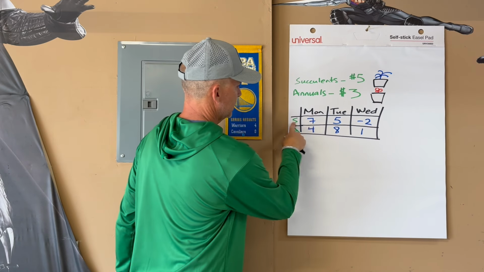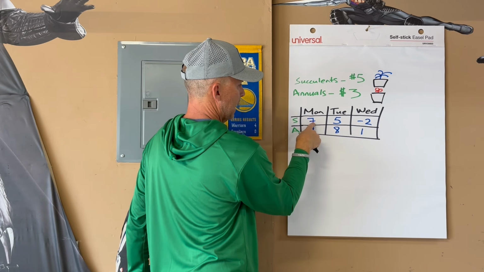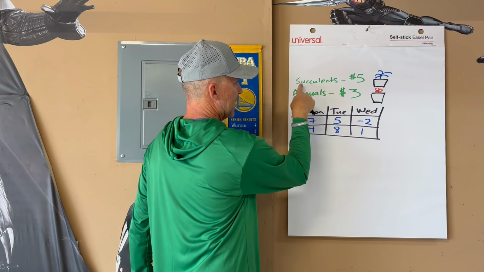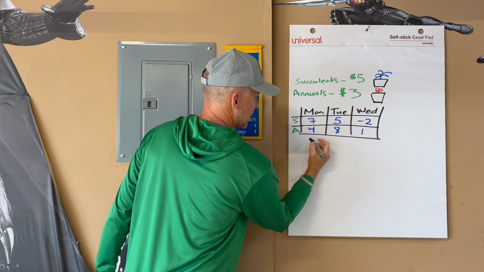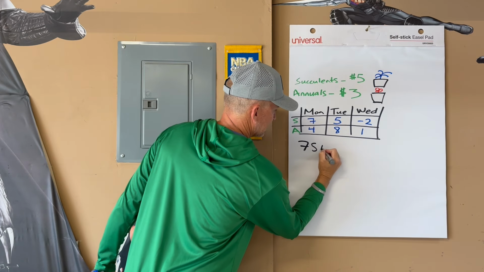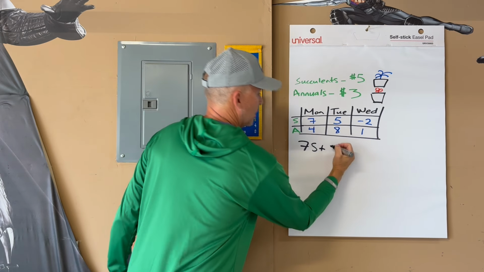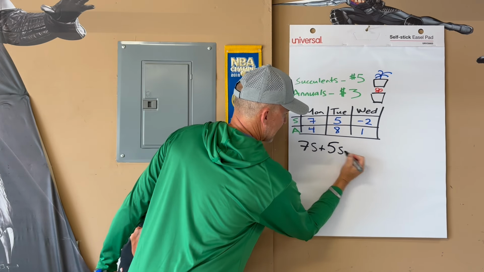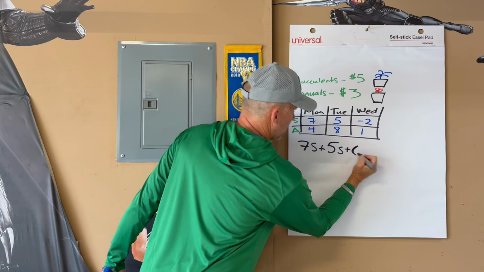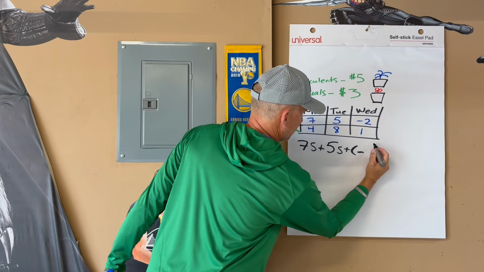We sold 7 succulent planters on Monday. So S, we're going to use S for succulents. So 7S. And then on Tuesday, we sold 5S. Oh no, on Wednesday, -2S.